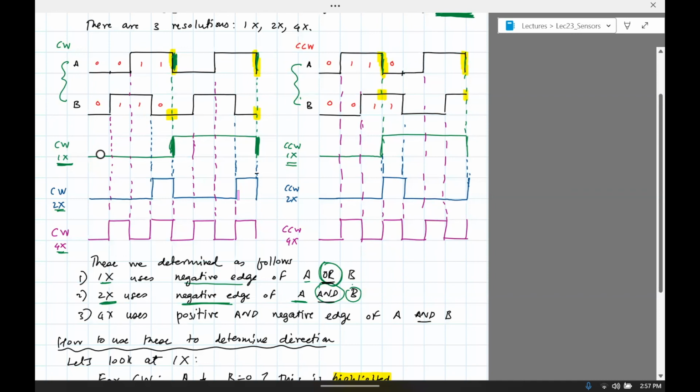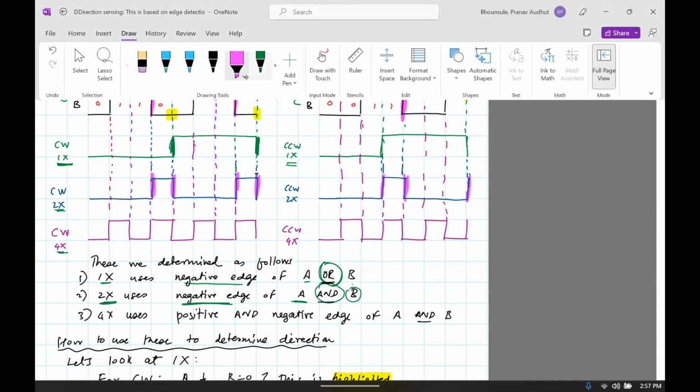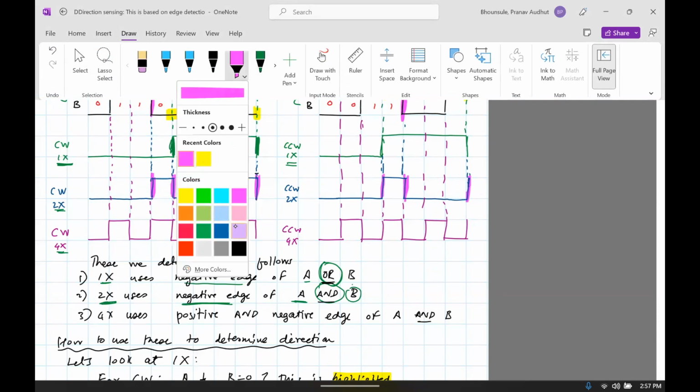So this one is triggered by the negative edge of B, negative edge of A, negative edge of B, negative edge of A. And same for here. Negative edge, missing one on the right side.